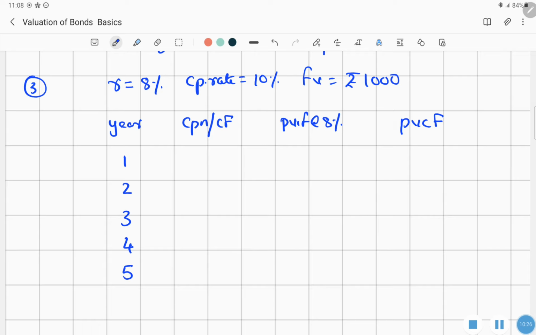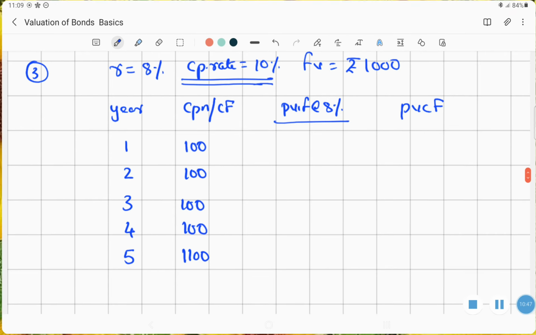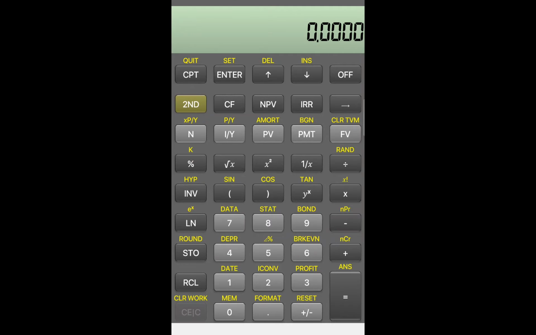So we'll be sticking with the fixed coupon rate. So we'll be having the coupon amount for the first year of 100, 100, and 1100. So now we will be calculating the present value interest factor at 8%. So let us get into the calculator. Here for the first year, I'll be calculating the present value interest factor.